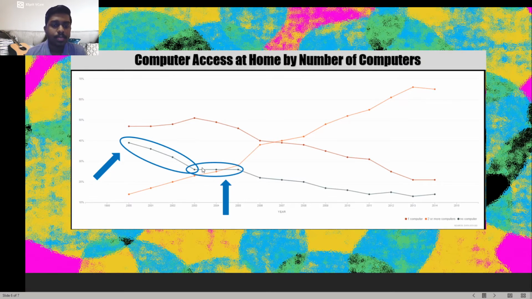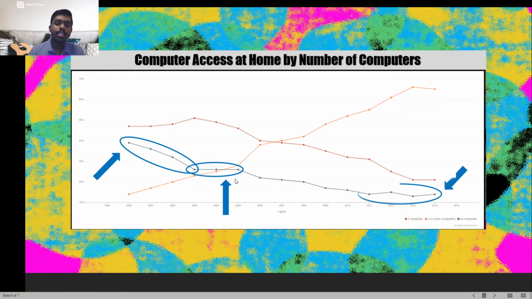So the next movement is from 2003 to 2005, in which the computer access at home with no computers at all remained constant at around 27% from 2003 to 2005.